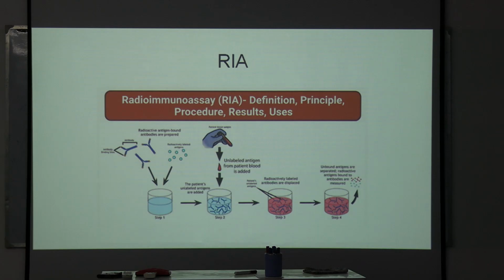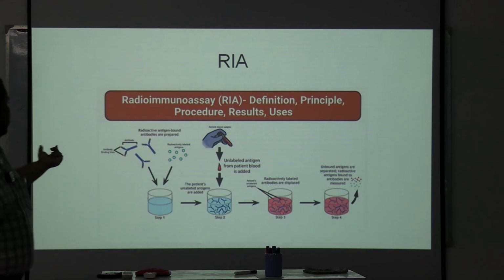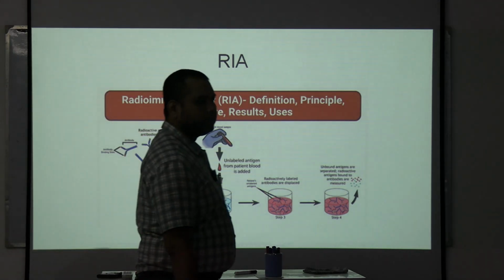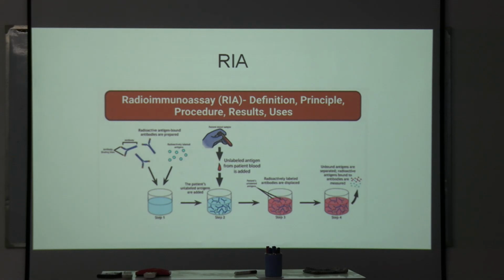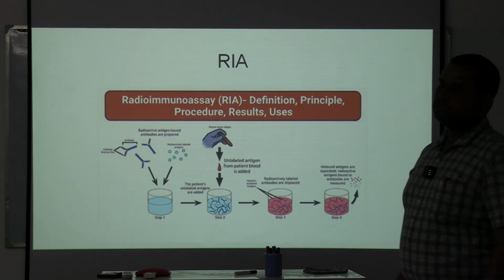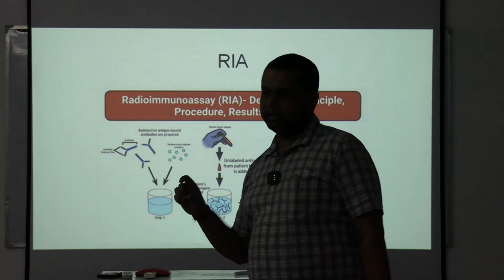RIA, radioimmunoassay. So radioimmuno substances are first added, so antibody bound to radiologically active substance are added, to which our substance of interest is added.